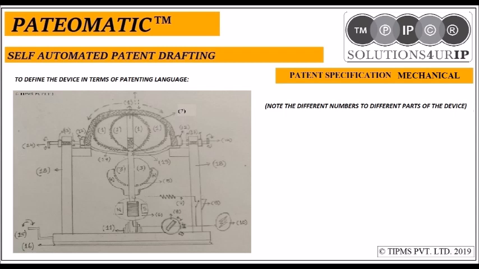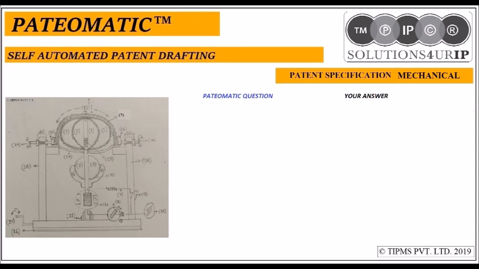So, drafting a patent specification in the domain of mechanical inventions requires that the parts of the device be first numbered and then that particular part be named accordingly. We can also explain the function of that particular part along with the name of that particular part.